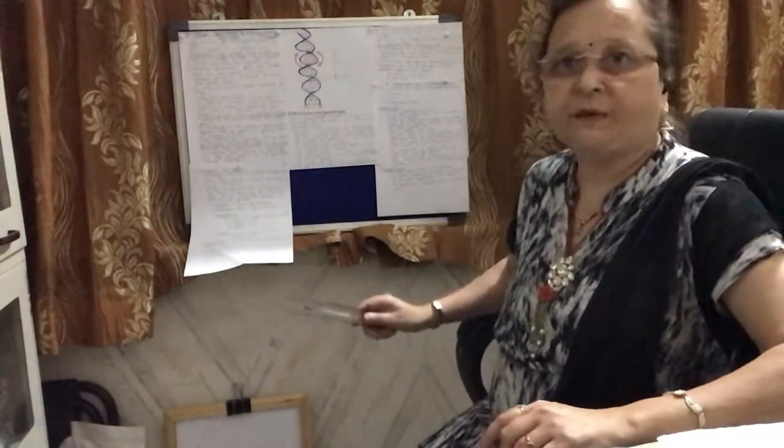Let's come to the third, the nitrogenous base group. The nitrogenous base group contains nitrogen, which acts as a base. Nitrogen in the nitrogenous base combines with all these atoms to form the ring-like structure.